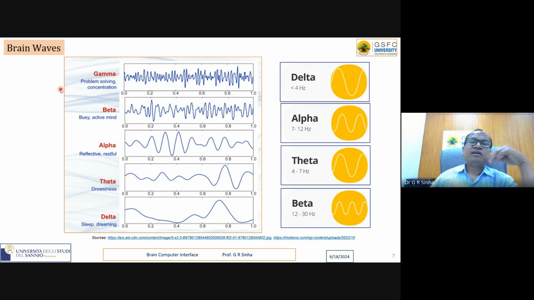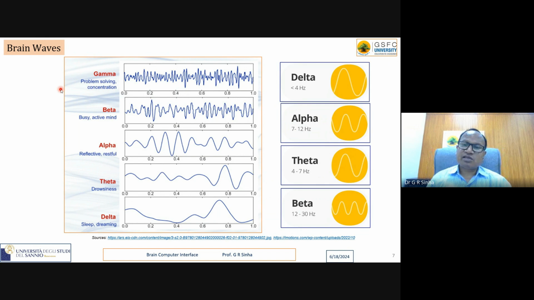As I explained yesterday also, you are trying to focus on something, trying to solve a complex, difficult problem. It means you are engaged in problem solving activities, or you are trying to pay high concentration and attention to something. In that case, the frequency of the signal is very high.